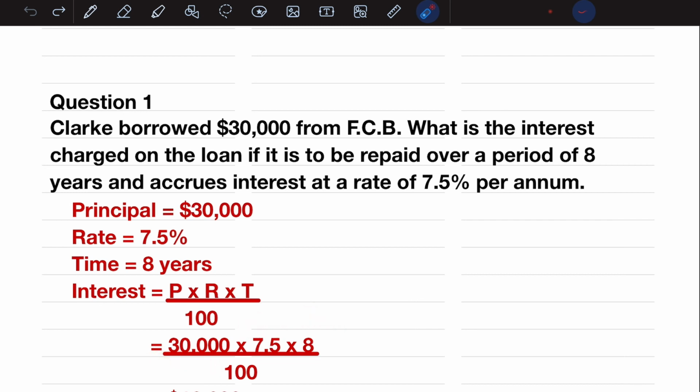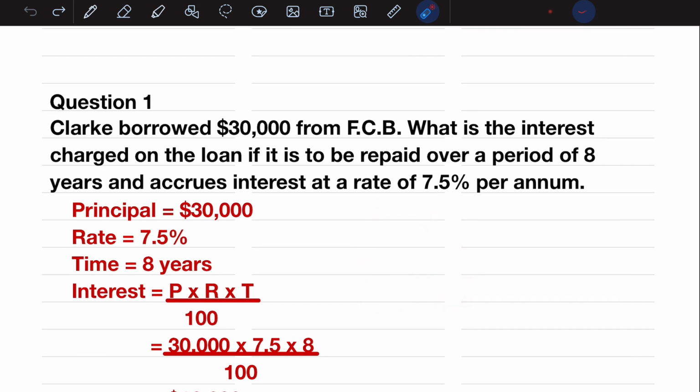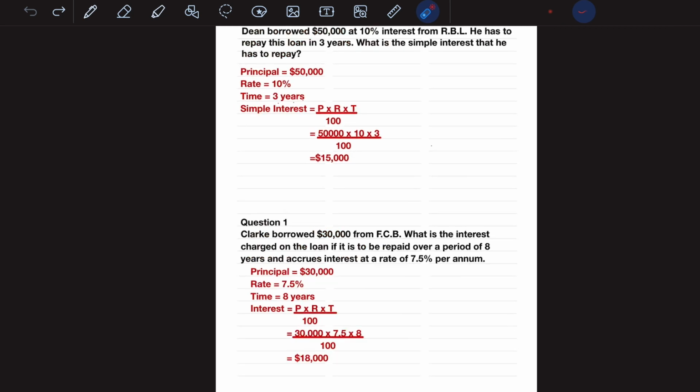So why do we divide by 100? Well, that's because the interest rate, in this case 7.5, is percent, and percent is normally written as over 100. Right, so when we do our calculation, we will get 18,000. All right, let's try another question.